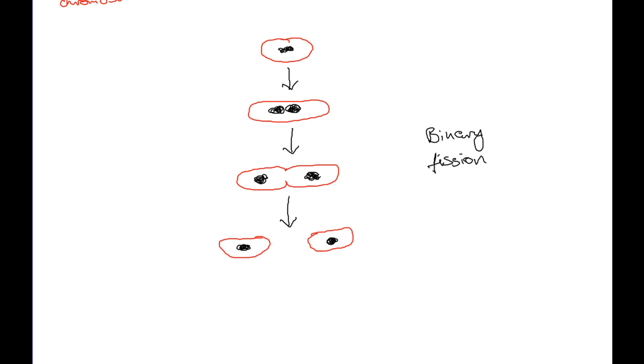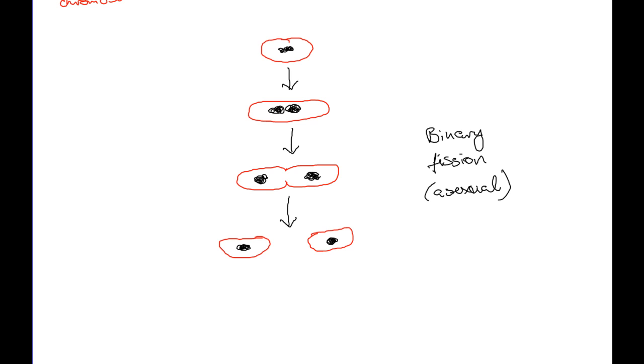But it's asexual. So this is asexual reproduction. There's only one parent involved. The offspring will be identical to the parent and to each other, assuming that there have been no major mutation events, and there's always going to be some mutation events. So as these generations go on, mutations can build up within a population.